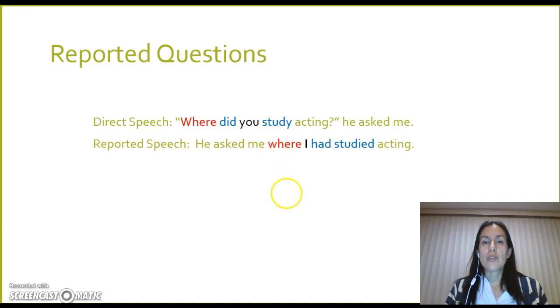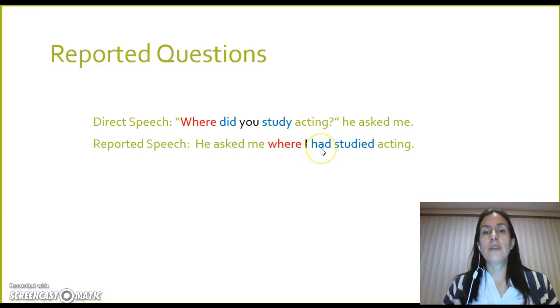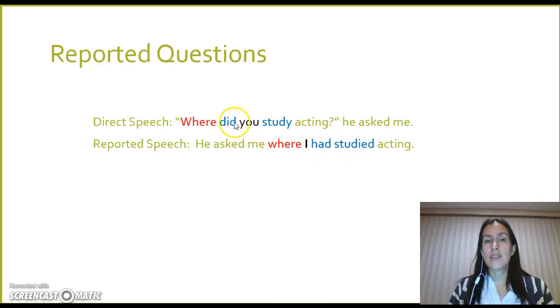What happens when you make the report of that question is we go back to a statement order. That means we're going to start with the subject and then the verb. Why are we changing you to I? Because in direct speech, he asked me. So he asked me where I had studied, because the question was made to me. This is a past simple. We change it to past perfect.